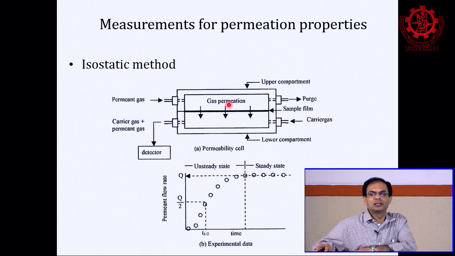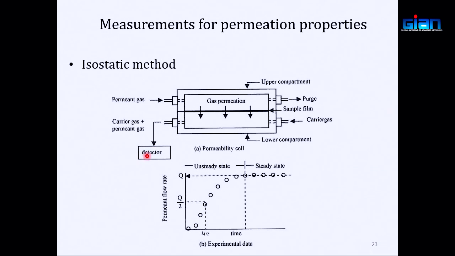The oxygen diffusion or permeation will happen, and then you collect the carrier gas and permeant gas here, and using some sort of a sensor, a detector, you detect how much oxygen is coming through this film. And if you do this measurement, you will see a graph like this.